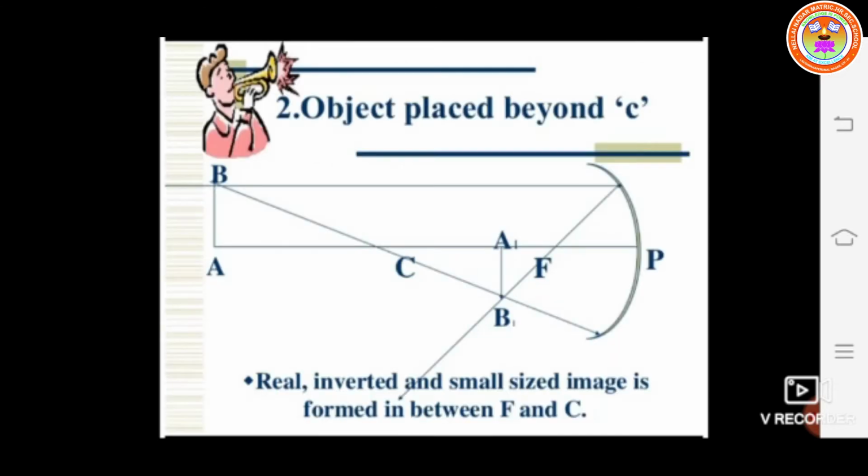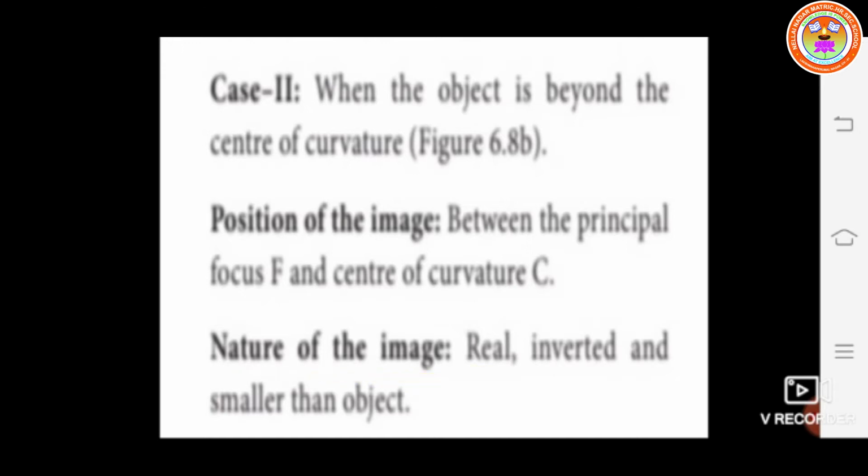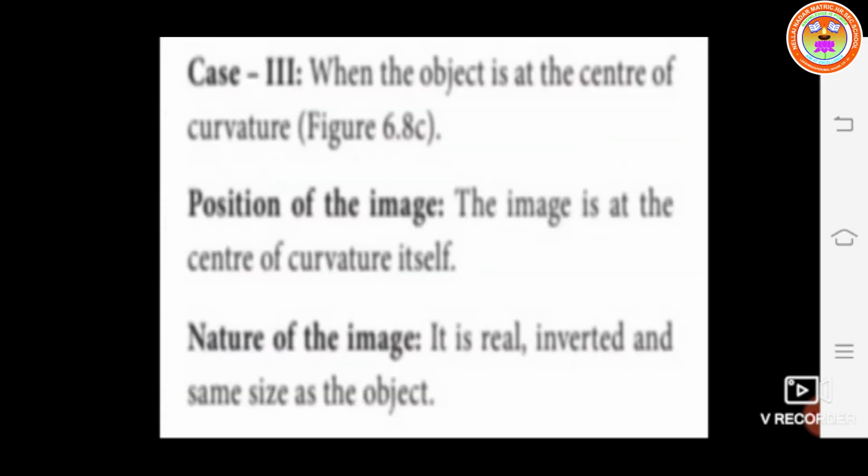So when the object is placed beyond C, the image is formed between the center of curvature and the principal focus. The nature of the image is real, inverted and smaller than the object.